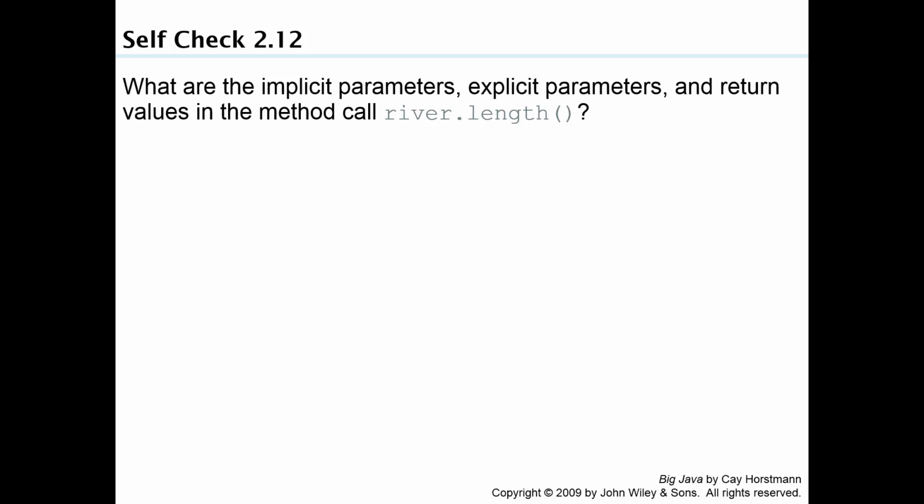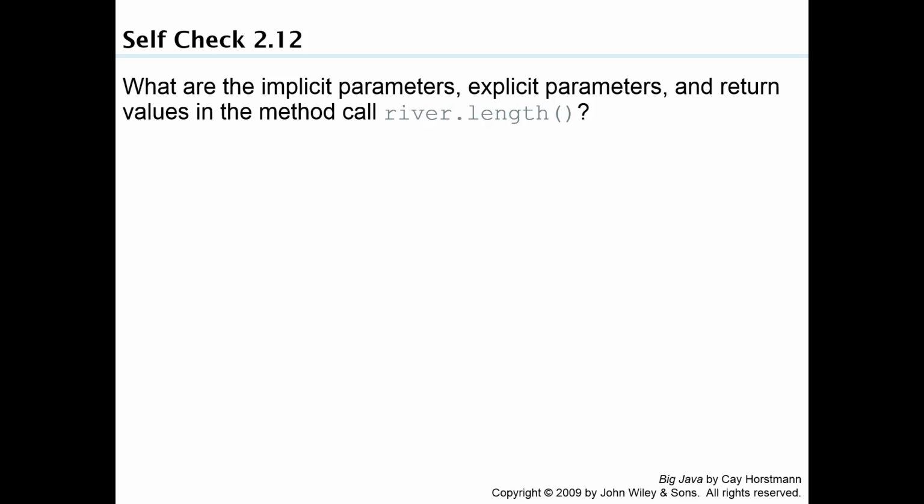So what are the implicit parameters, explicit parameters, and return values to a method call? Well, why don't you think about that? Looking at river, we know that's a string. Maybe it has Mississippi in it. We call length.